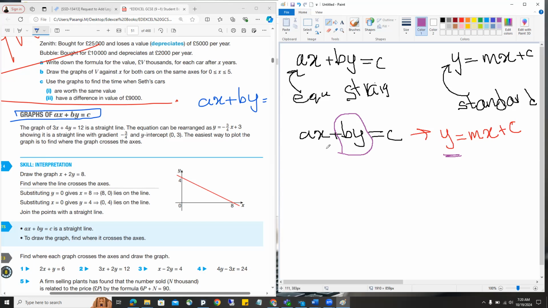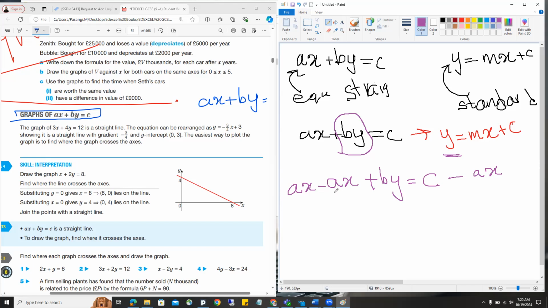So we have to remove this ax from the left hand side. If we do something to the left hand side in an equation, we need to do the same thing to the other side as well.